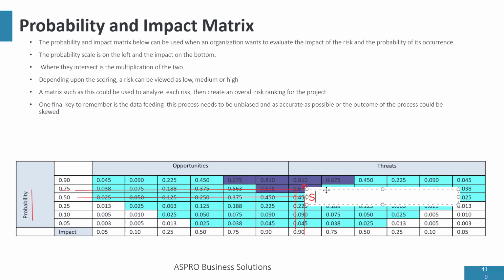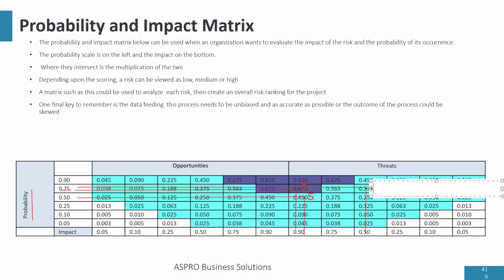Then another one we have is traffic. The probability of having traffic in Lagos is 0.75, and the impact is 0.5. So that means traffic falls here. Then we have power outage.